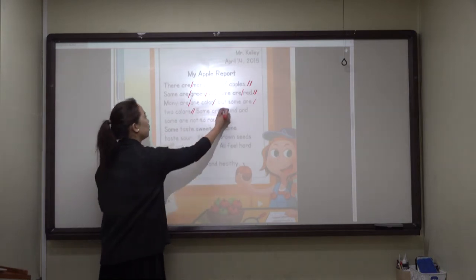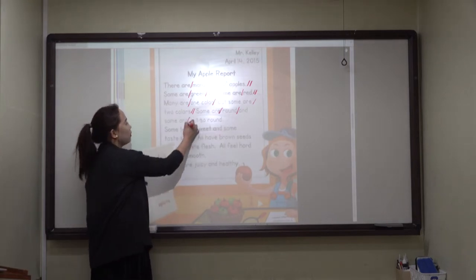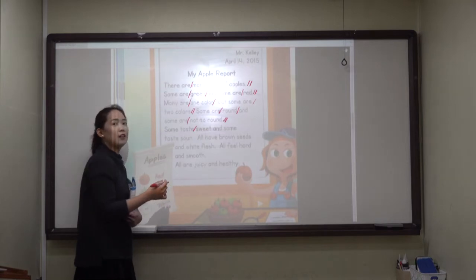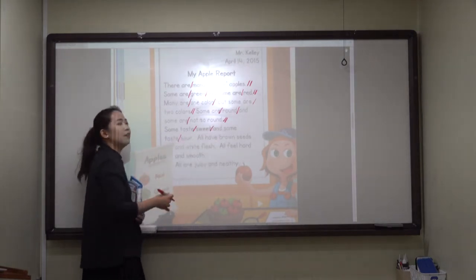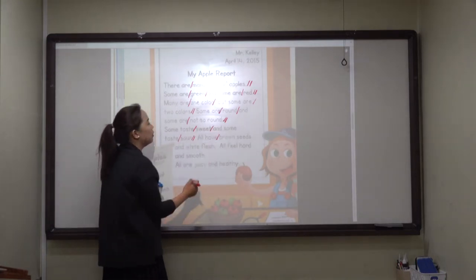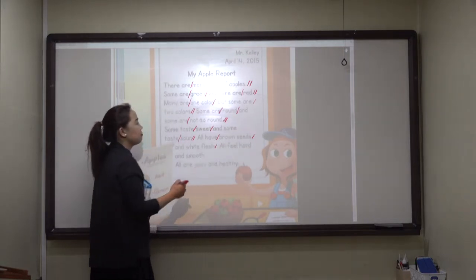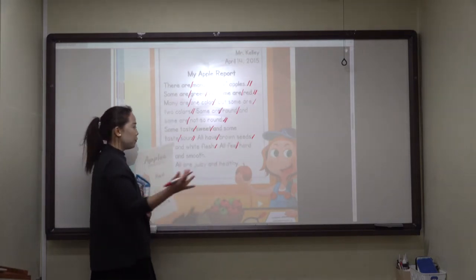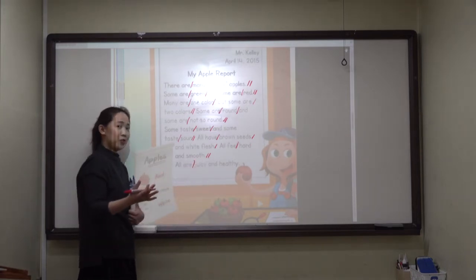Some are round and some are not so round. Some taste sweet and some taste sour. All have brown seeds and white flesh. All feel hard and smooth. All are juicy and healthy.